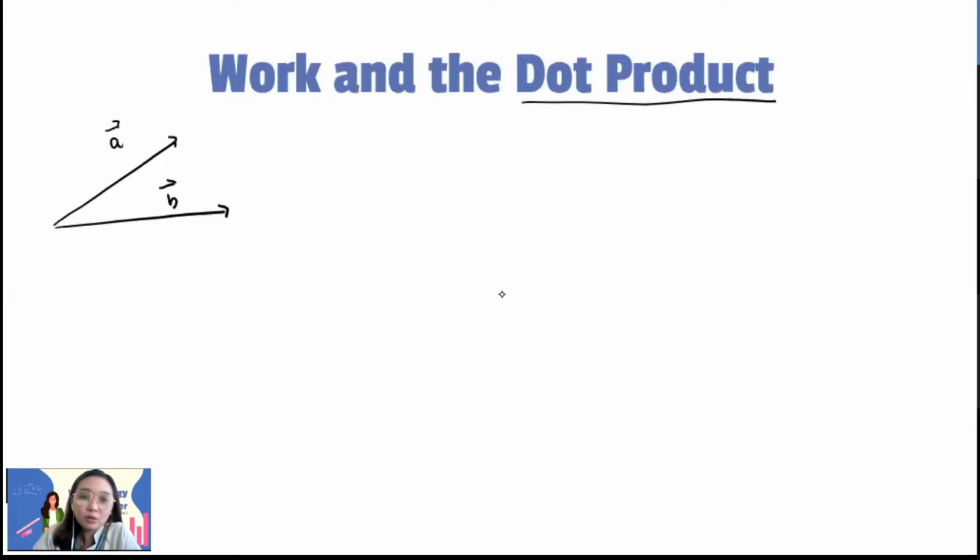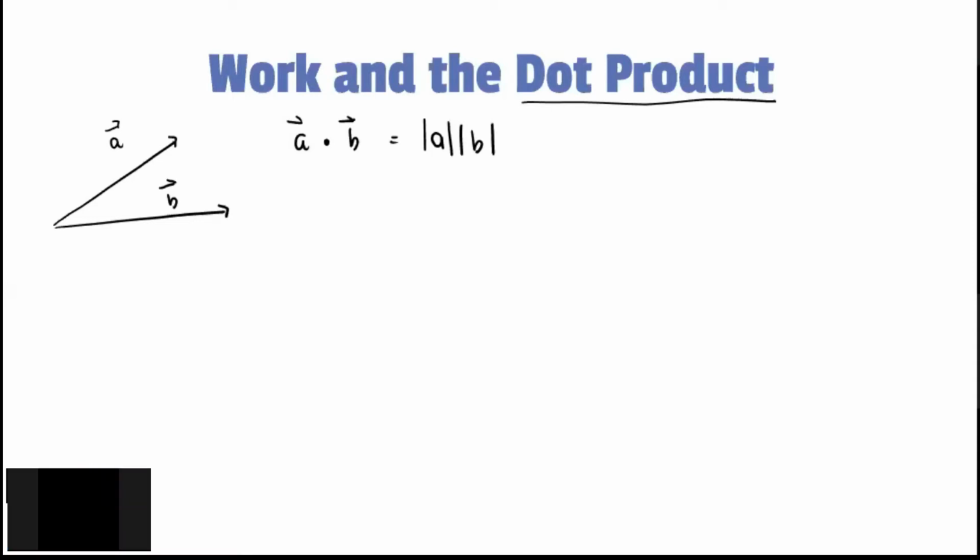Okay? So, A dot B. Okay? So, ganito yung sumulat ng dot product. Ano yung dot product between vector A and vector B? So, it is equals to the magnitude of A, absolute value, multiplied by the magnitude of B, absolute value, multiplied by cosine theta.